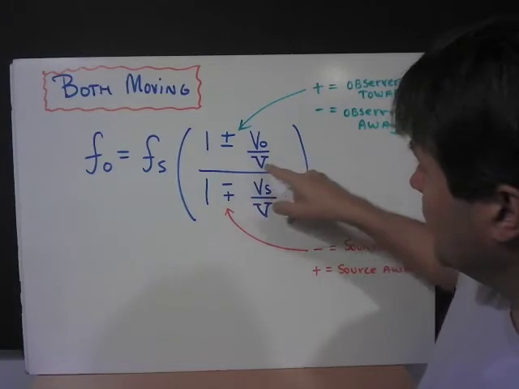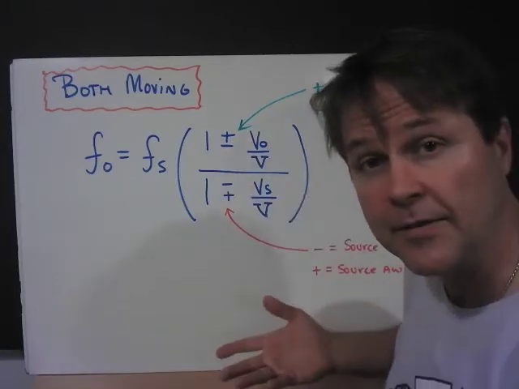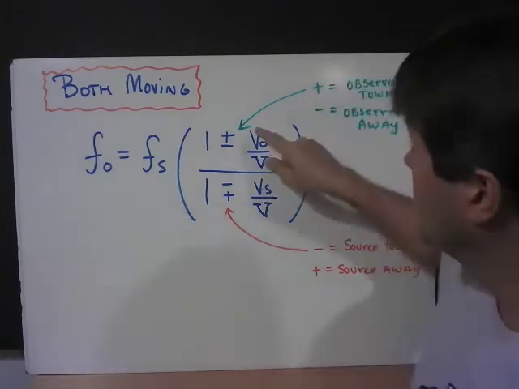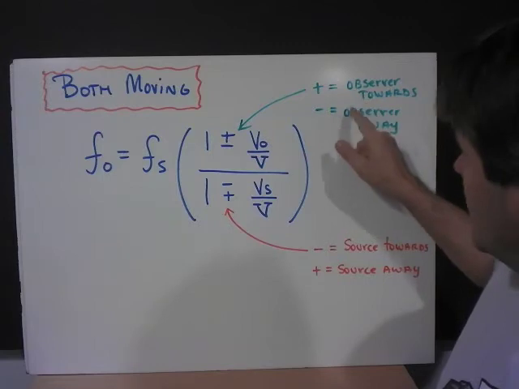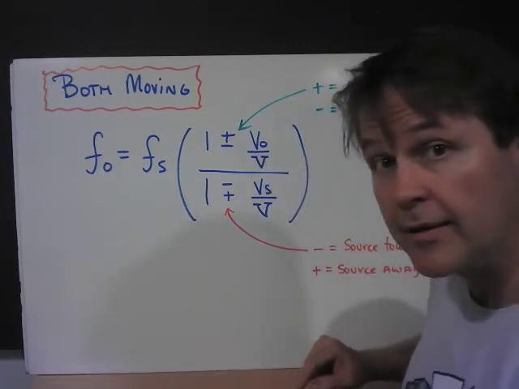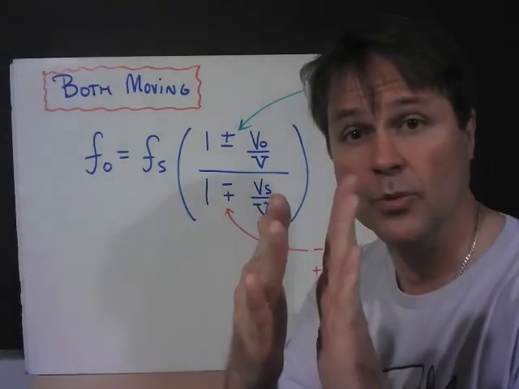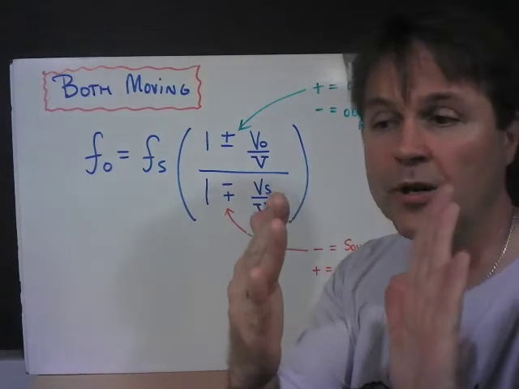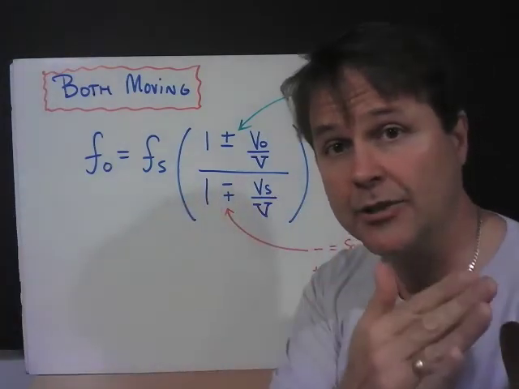Well, the top refers to the effect of the observer, and the bottom refers to the effect of the speed of the source. So you're going to use positive when the observer moves towards, and you're going to use negative when the observer moves away. Now if both are moving, both of them can be moving towards, or one could be chasing after the other in that direction, or this could be chasing in that direction.